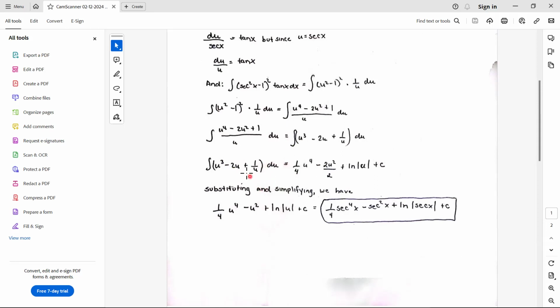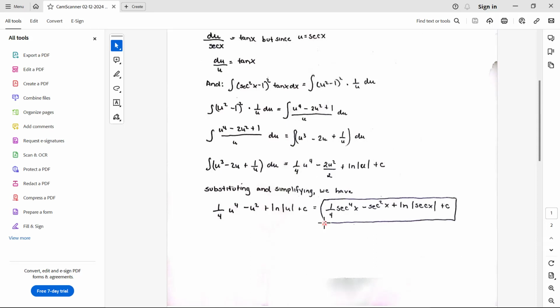So here I canceled the 2's in the middle term and I substituted. And we end up with 1/4 secant to the fourth x minus secant squared x plus the natural log of the absolute value of secant x plus a constant. Okay, so that's another approach by using identities.